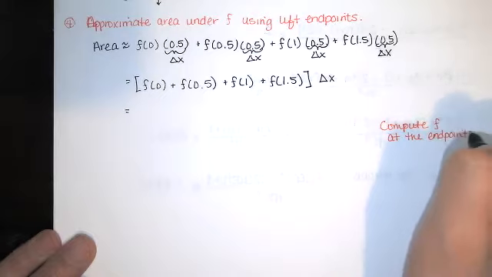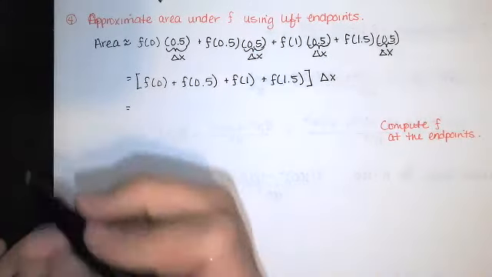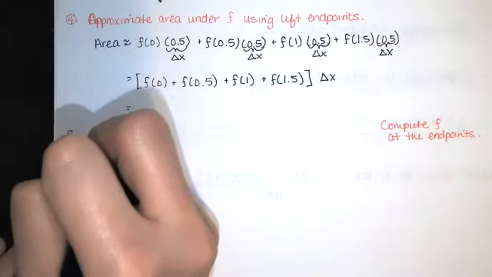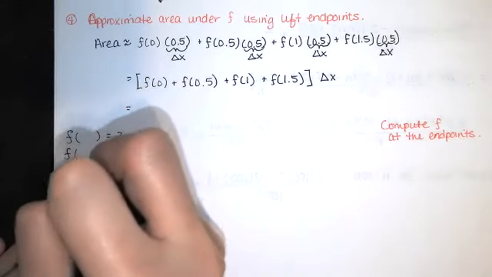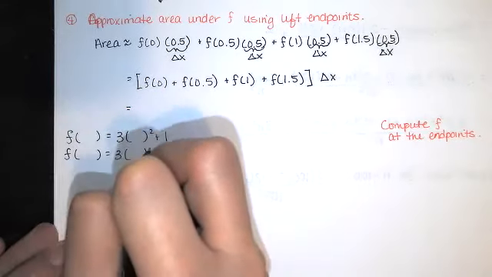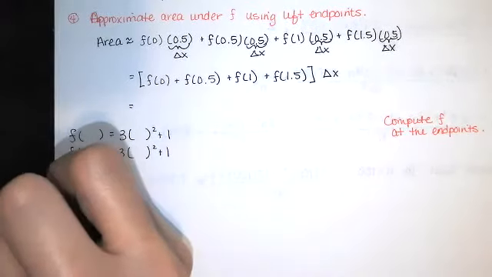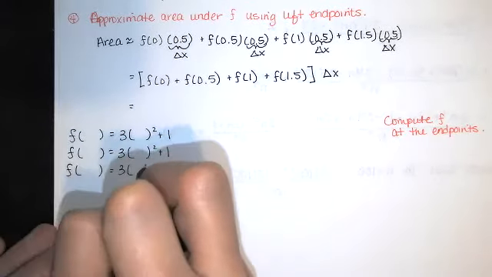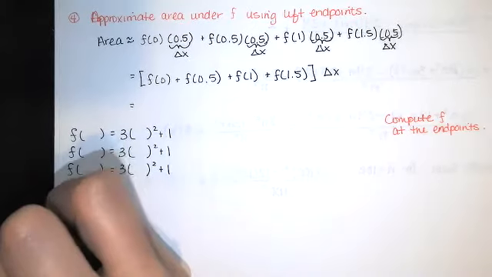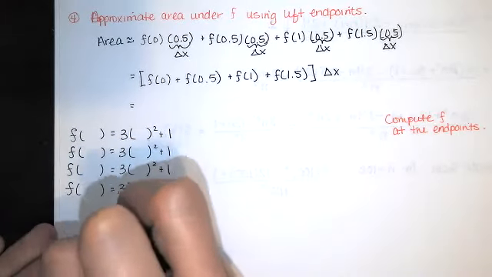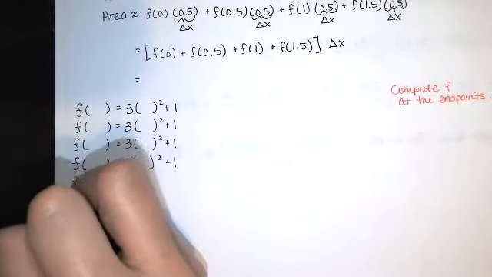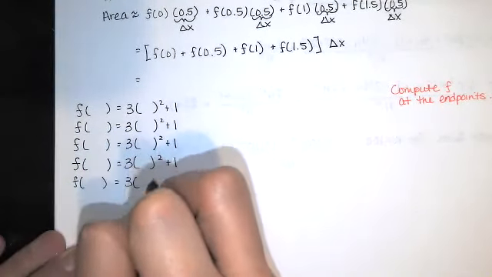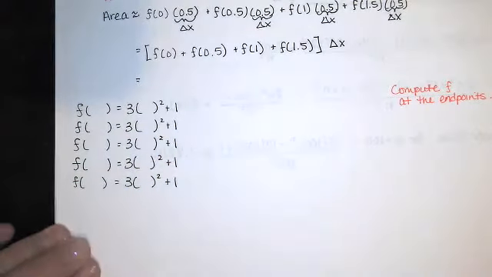So we're computing f at the endpoints. F of 0, f of 0.5, f of 1, f of 1.5. And I think I'm going to need f of 2 for the right endpoint, so I'll calculate that here as well.